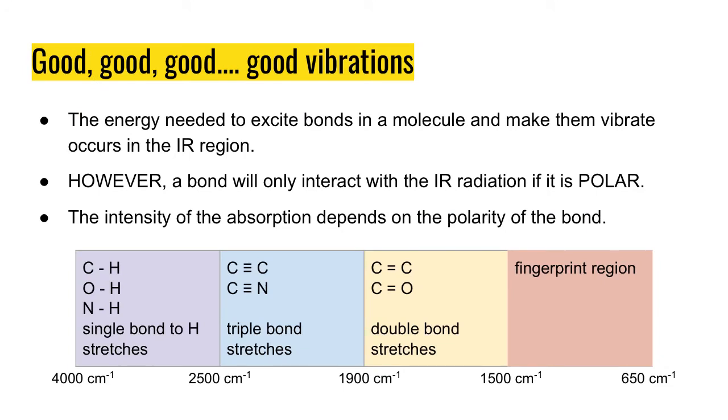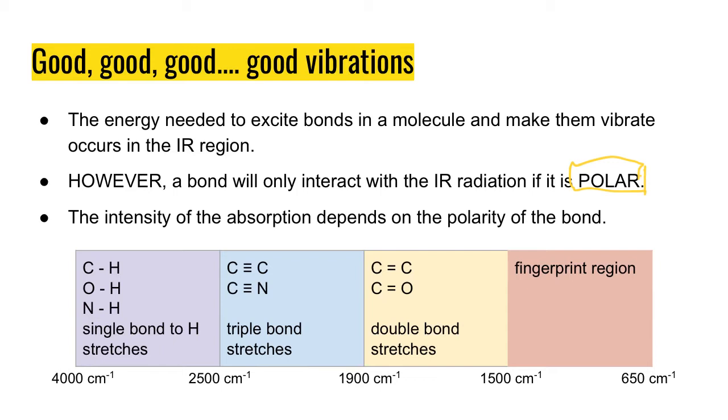Okay, so we're talking about all of these different vibrations. One thing I haven't mentioned so far about infrared spectroscopy is that the only bonds that are going to interact with infrared radiation are polar bonds. That's a really important point to keep in mind, that we're only getting information about those polar bonds.